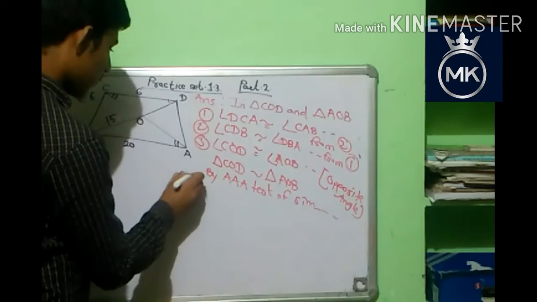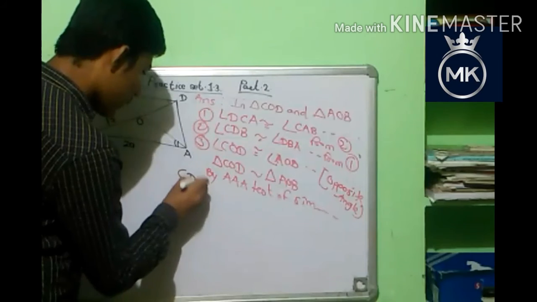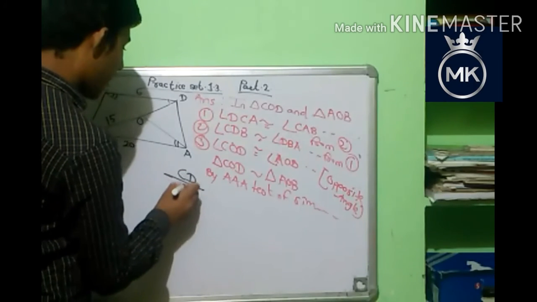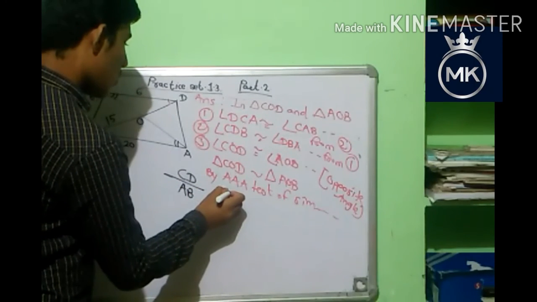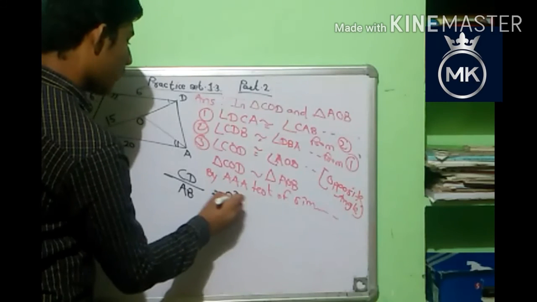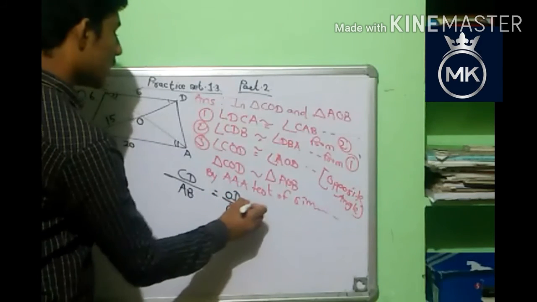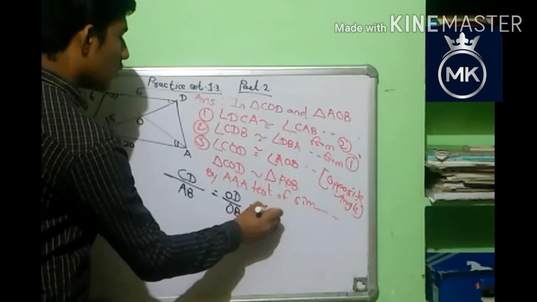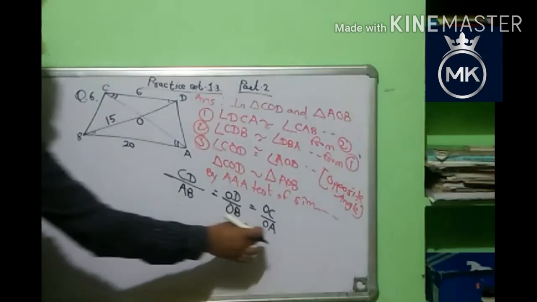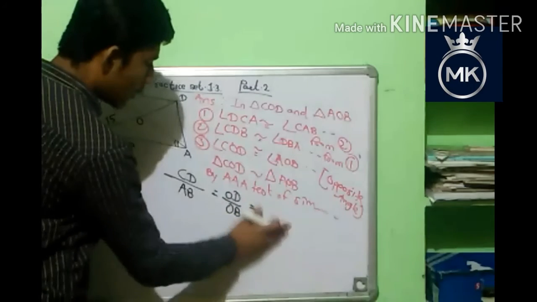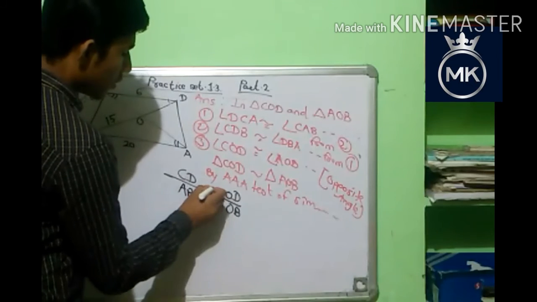CD by AB is equal to OD by OB and also equal to OC by OA. But we don't need OC and OA, so we do not write these two sides.